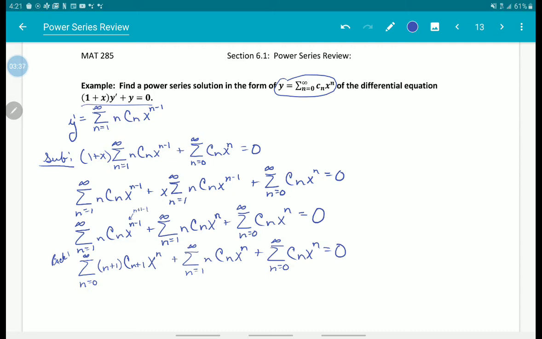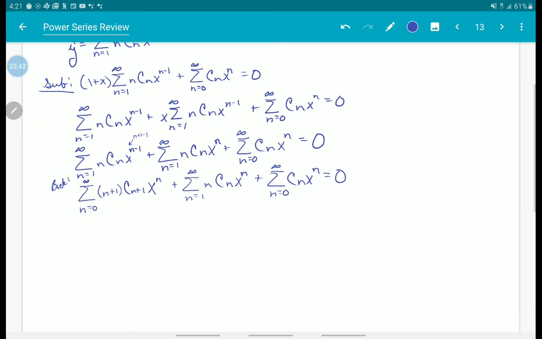Now notice the second sum starts at 1. The other two start at 0. Before I can combine anything, I need them all to start at the same place. So let's write that first term out here. If we were to plug a 0 in, we're going to get a 1 times c1 x to the 0 plus a sum that now starts at 1 because we pulled that first term out.